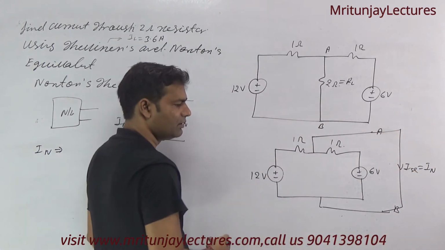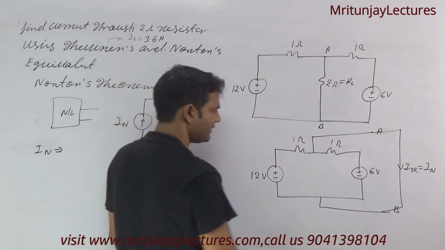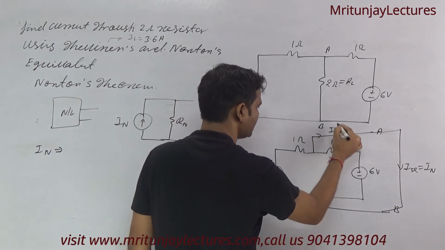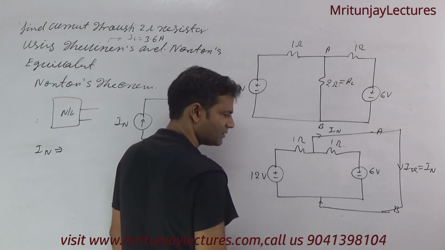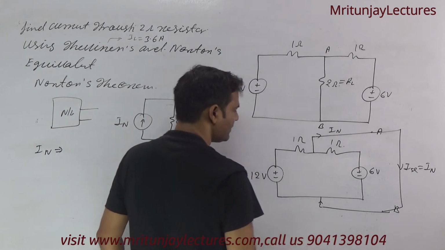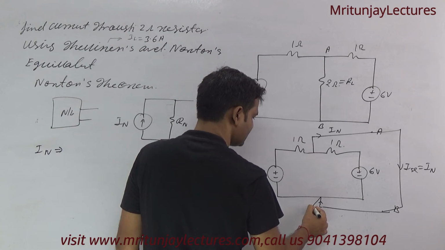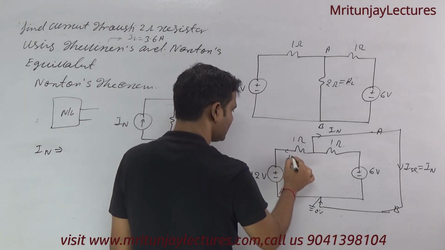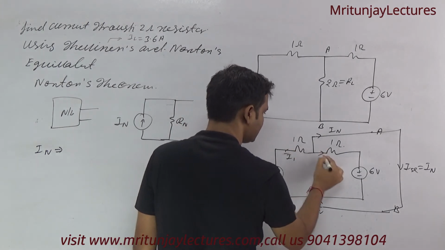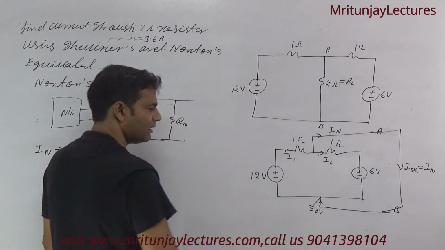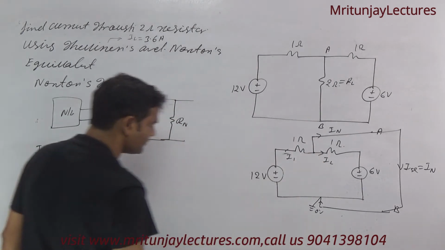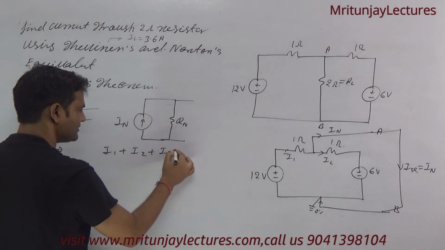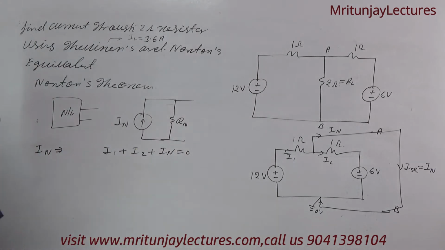Okay, follow a lot of methods. ISC like this one, IN or ISC like this one. Okay, now consider this point as a node, that is 0 voltage, with currents I1 and I2. Apply KCL at this node, so I1 plus I2 plus IN is equal to 0. What about IN?